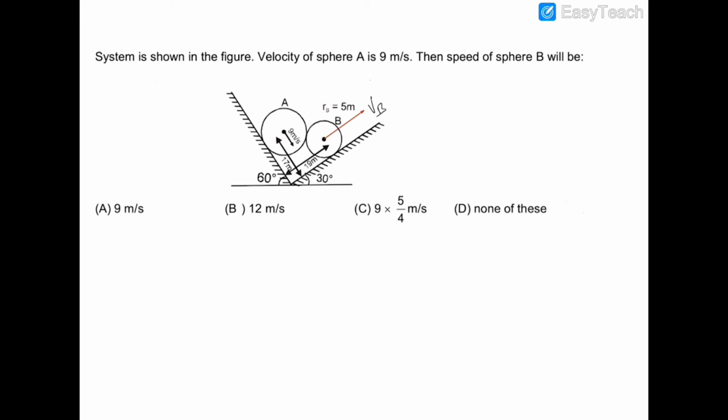Now we have to draw the normal to the contact, and the normal will be like that. And if I draw a triangle, it will be like that. Okay, so I am drawing this triangle again, amplifying it.